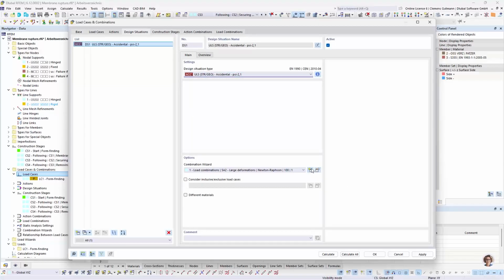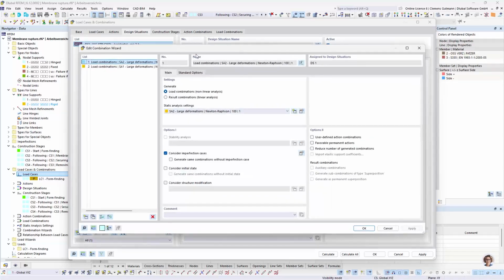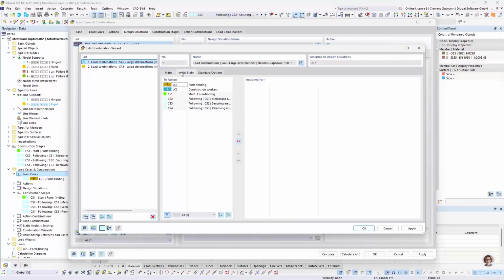And then we have our combination wizard. When using the construction stages, it is very easy to do the combinations if you use the combination wizard. How is this done? By default, you all know the combination wizard, but it can also take into account the construction stages as an initial state.